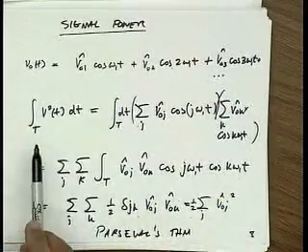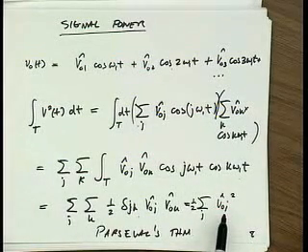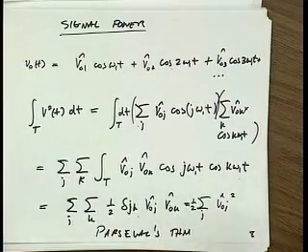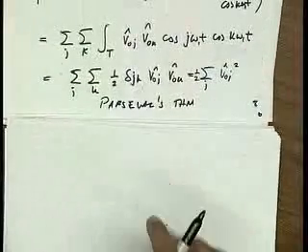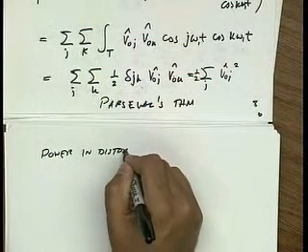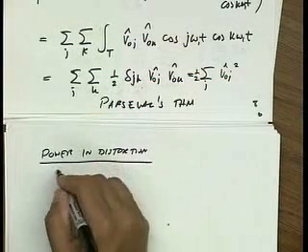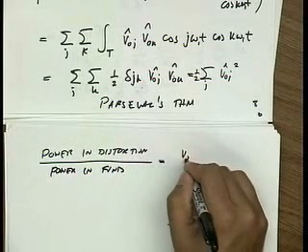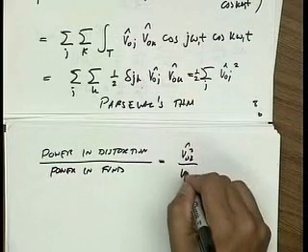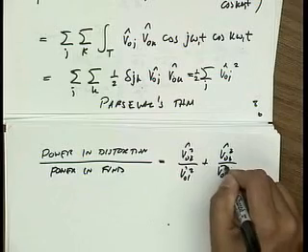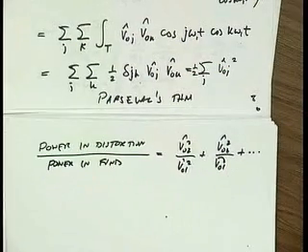Which tells you that the signal power is related to the power in the harmonics. And that's because we've done an orthogonal expansion on the signal. So applying Parseval's theorem tells me that the power in the distortion divided by the power in the fundamental is simply Vo2 squared divided by Vo1 squared plus Vo3 squared divided by Vo1 squared plus all the other harmonics.